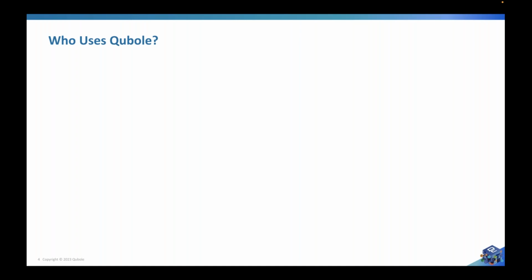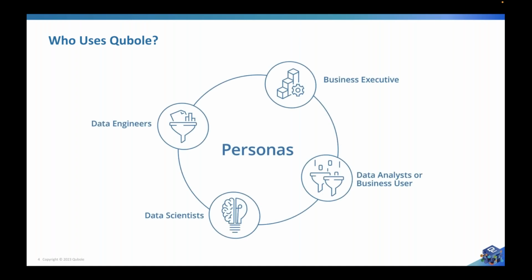The other side is keeping in mind the business users, let's say executives, business users, and data analysts. But Cubol can cater to all your personas. A data engineer and a data scientist, more from a tech side, can create their data pipelines and models, do the deployment, do all the cleansing activities, or all the various steps which are required for a data science activity. Those can be done with Cubol.